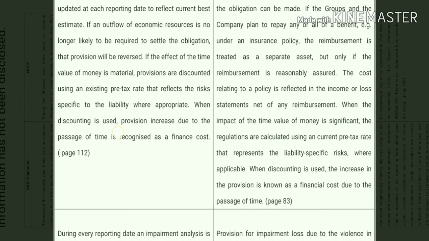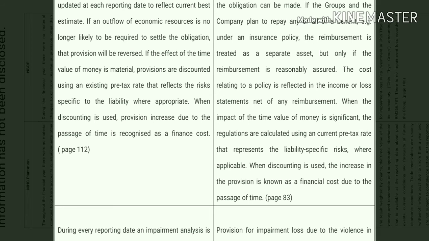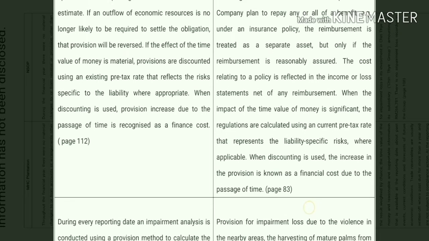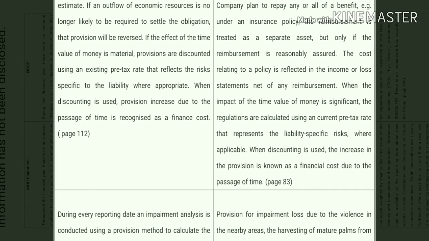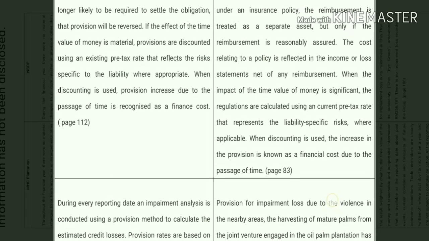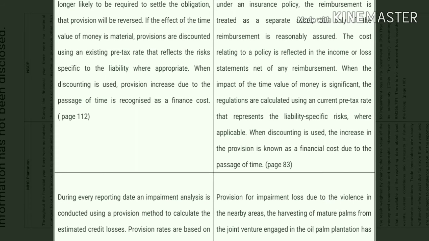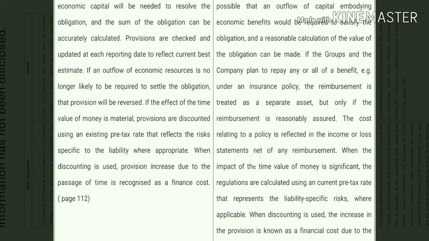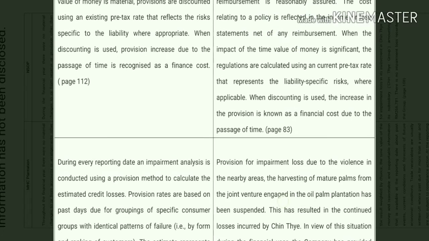The cost relating to a provision is reflected in the income statement, not net of any reimbursement. When the effect of the time value of money is significant, provisions are calculated using a current pre-tax rate that represents the liability-specific risk. Where applicable, when discounting is used, the increase in provision is recognized as a finance cost due to the passage of time. It is the same with MHC Plantation.